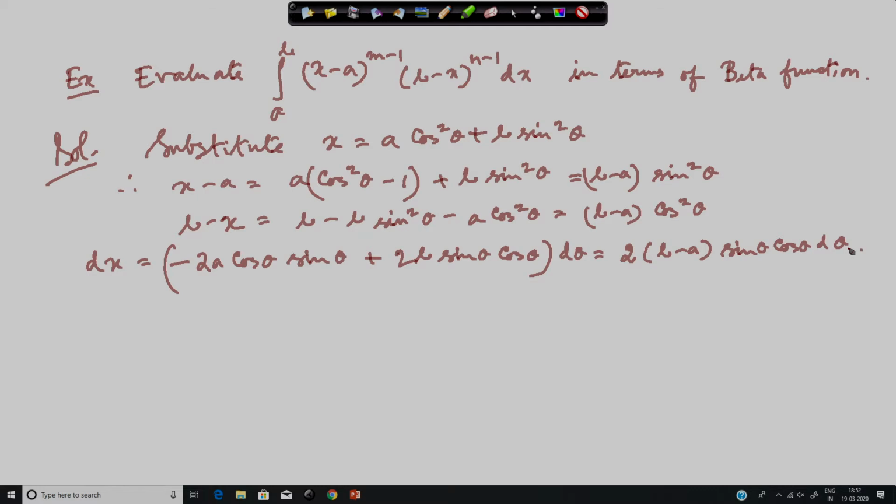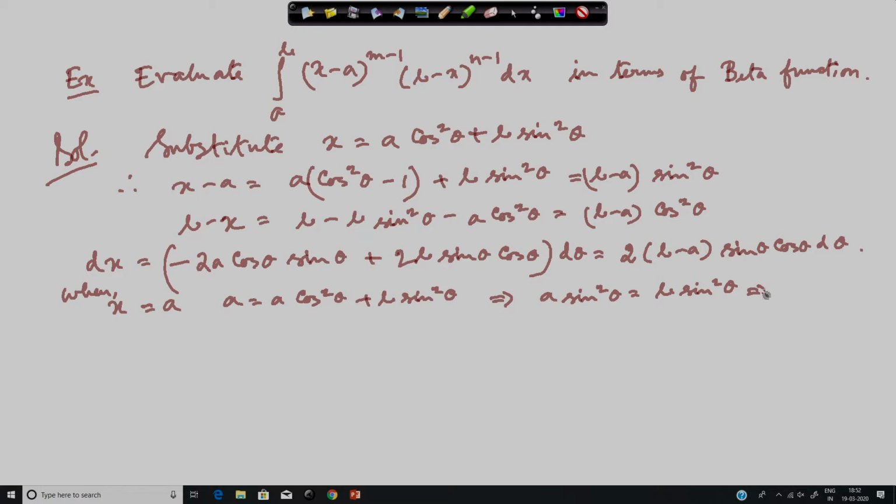And what about the limits? If you put x equal to a, a equal to a cos square theta plus b sin square theta. So, this implies a sin square theta equal to b sin square theta.